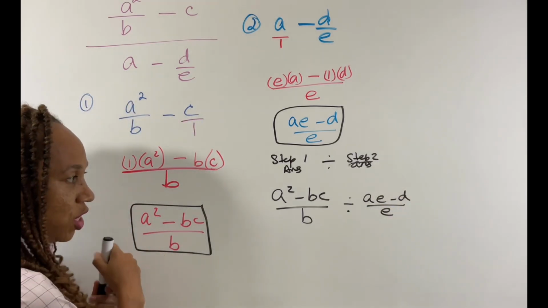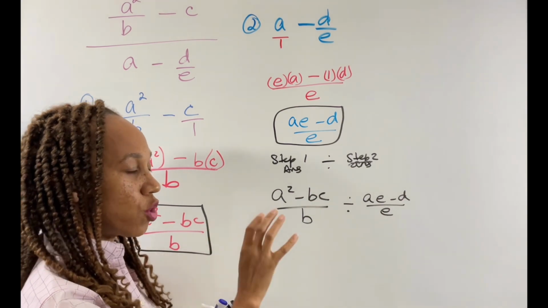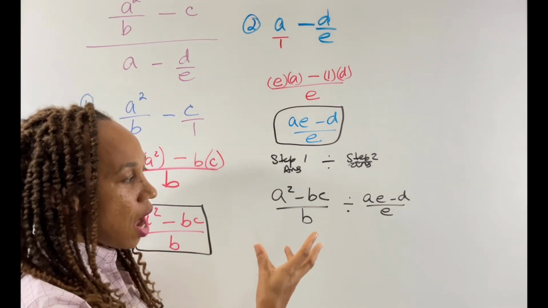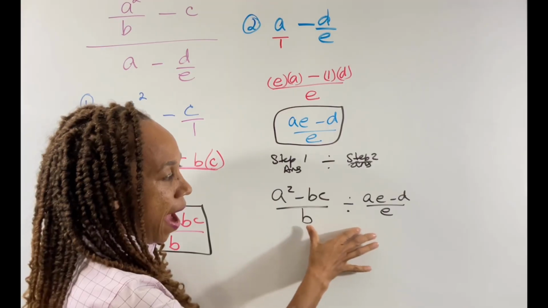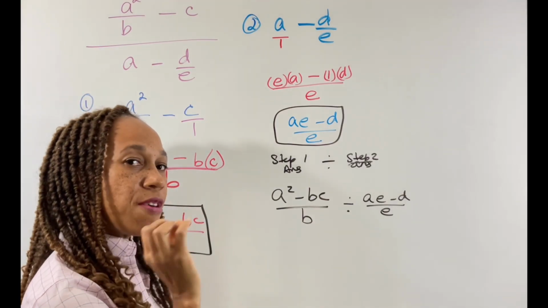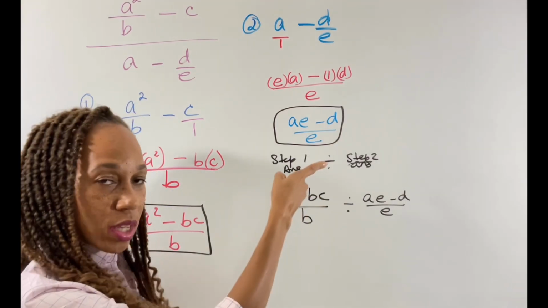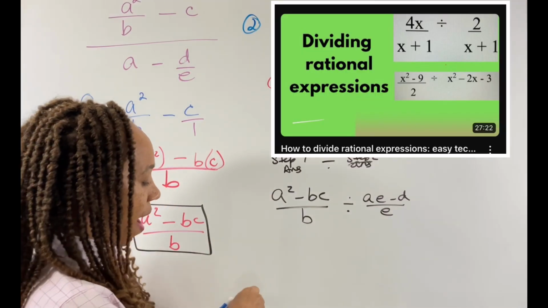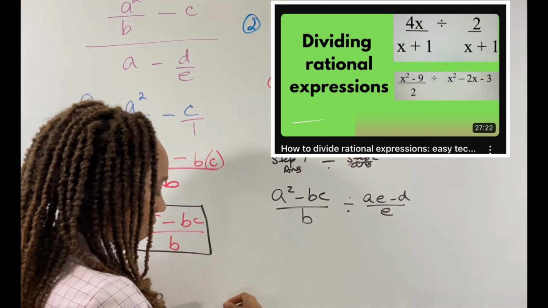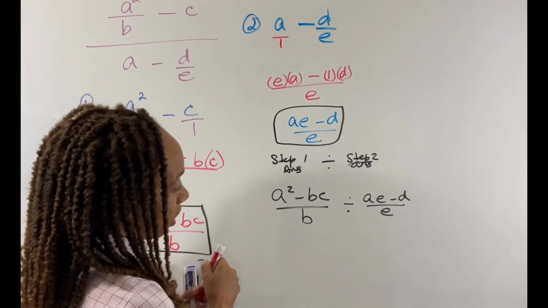Now, one thing I must say to you here, we are going to bring back prior knowledge on how to divide rational expressions. And if you don't remember, you can go back and watch my video here on how to divide with rational expressions. So if you don't remember, I'm still going to help you out.